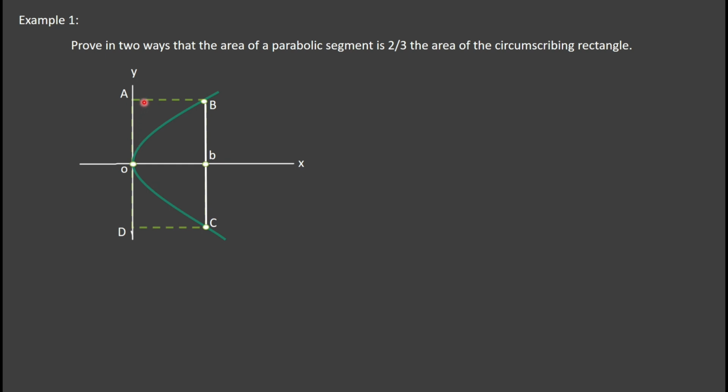We indicate the rectangle by A, B, C, D, and the center is O. Then we have the distance between the origin of the Cartesian plane and the latus rectum, or the focus. We have V here.